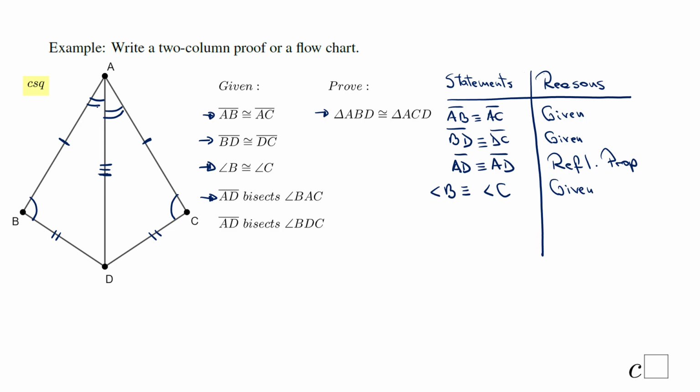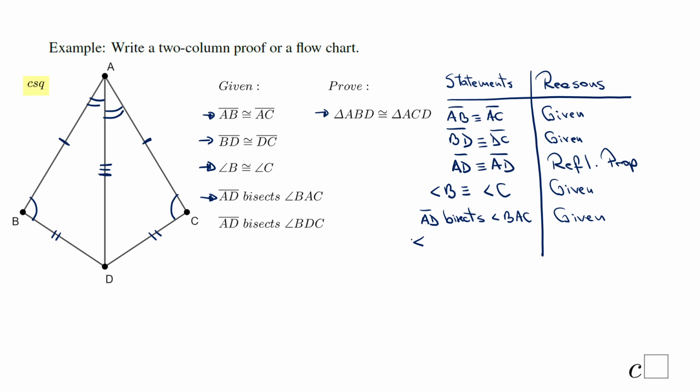Okay, so how am I going to do that? I'm going to write first AD bisects angle BAC. This is given to us. And based on this statement, I'm going to say those 2 angles are congruent.